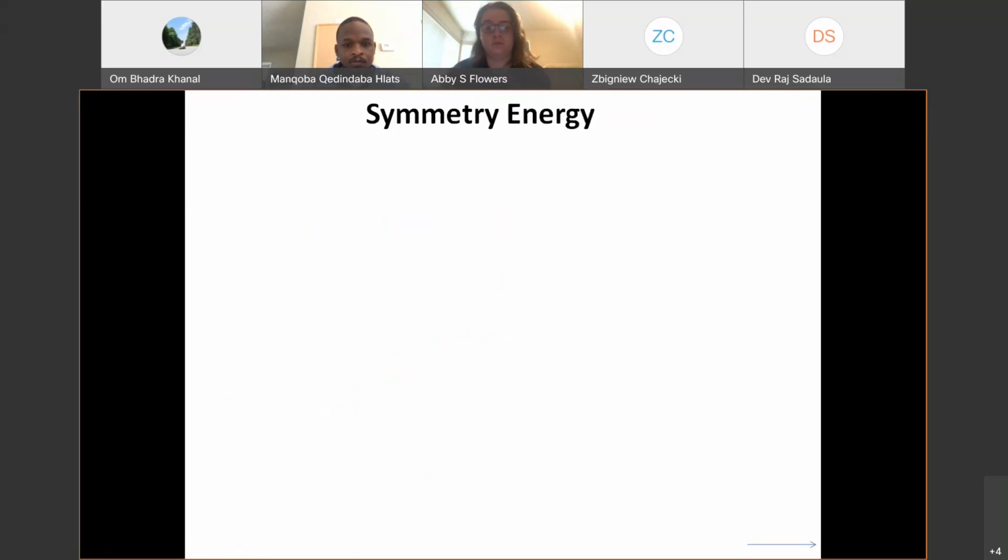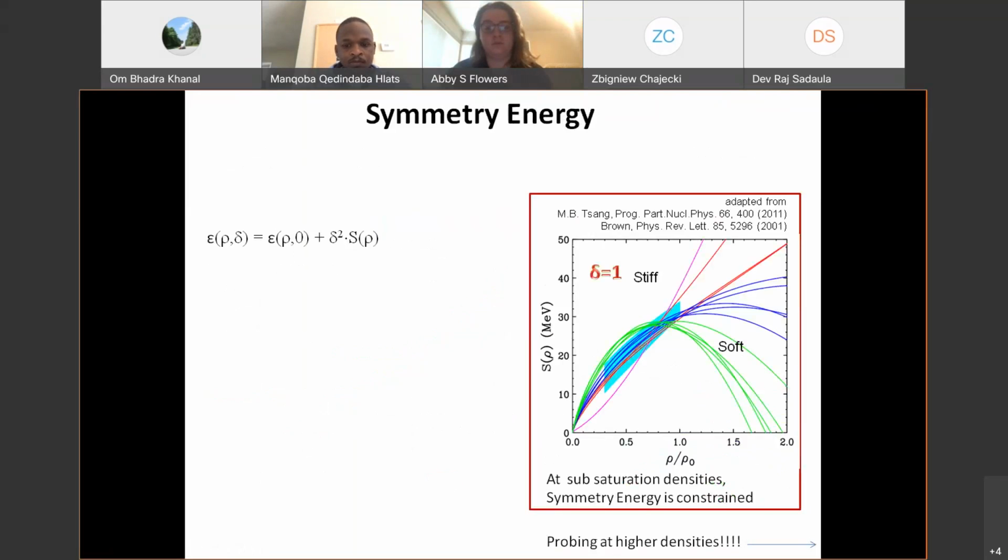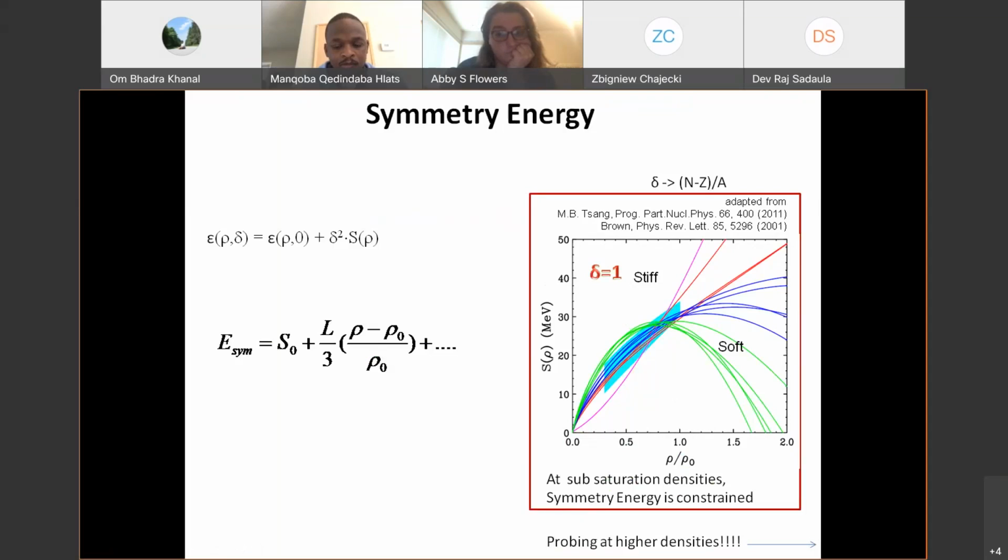Moving to the other part of the equation of state, the symmetry energy. So these are the symmetry energy curves. If you take this second term and do the Taylor expansion, then you will get the equation in terms of this, where this is the offset and this is the slope.